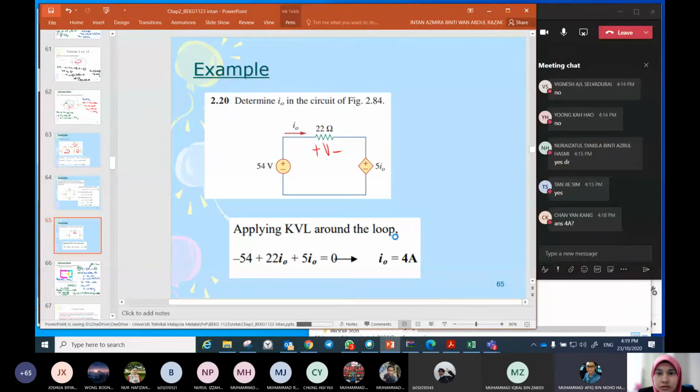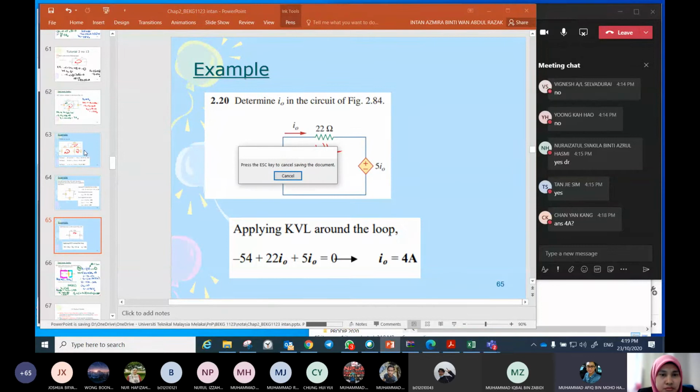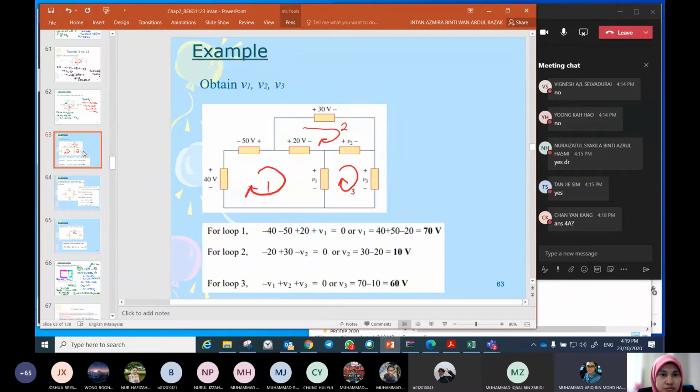So for slide 63, can you go back? Okay, that one, each of the resistor elements, they put the sign, right? Yes, so we follow this sign.